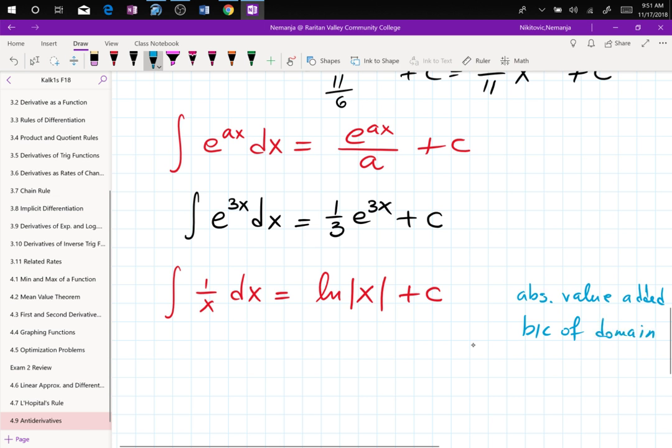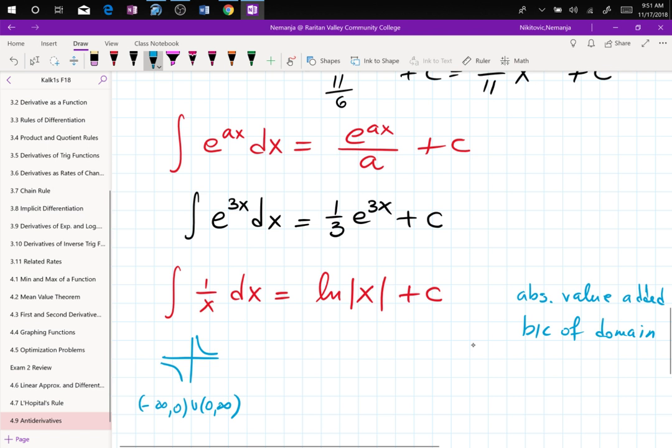And if you think about this, 1 over x graphs this way, so your domain is from negative infinity to 0, union 0 to infinity. That's the domain of the function. So you are allowed to plug in on the left side positive and negative numbers. The only number you're not allowed to plug in is 0.